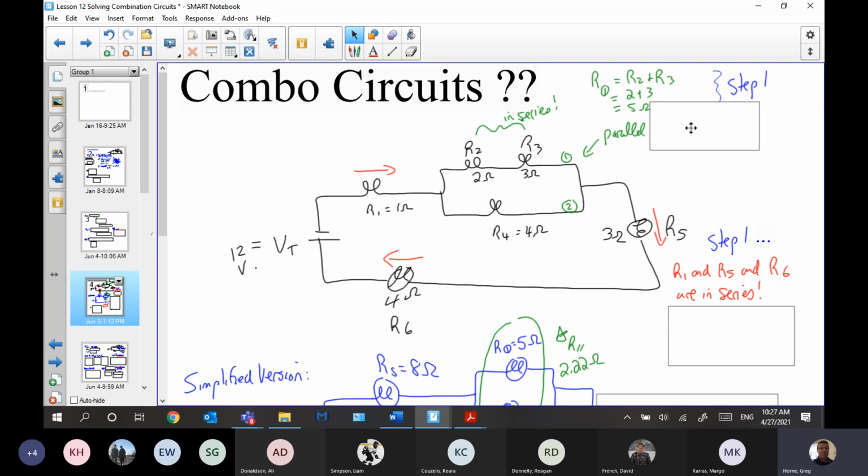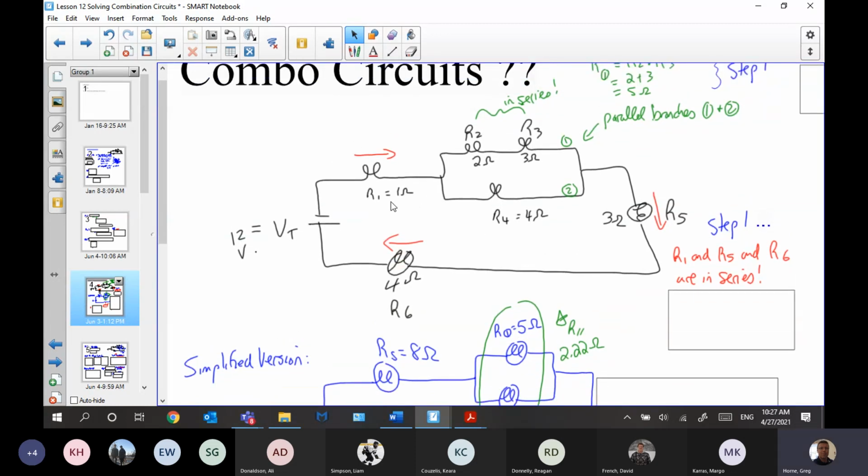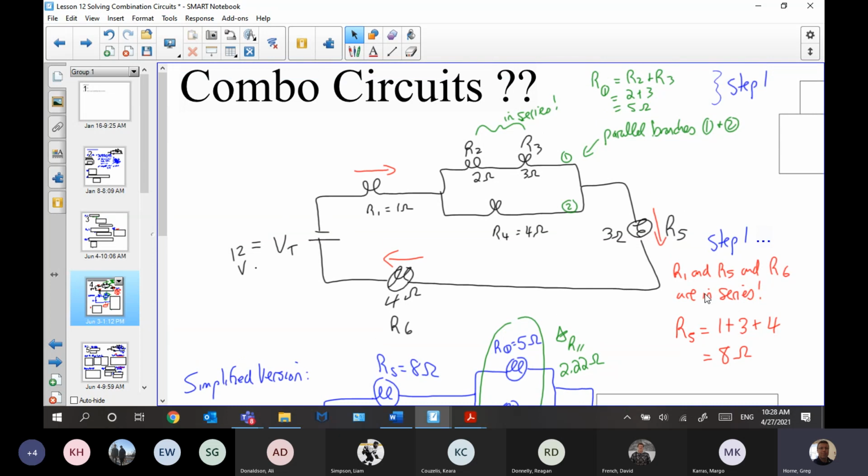So step number 1 might have been to just look locally here and say, oh, I can add those up, so that's 5. I have noted here on the page as well that the 1 ohm, the 3 ohm, and the 4 ohm are in series, and so those add up to 8, like I mentioned.